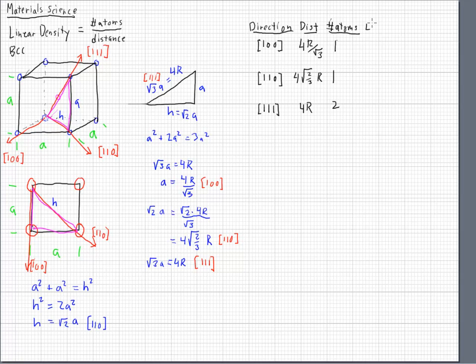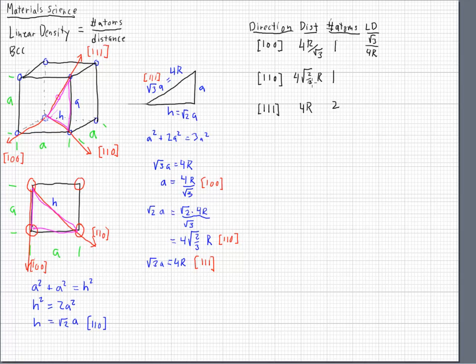And now we can have our linear density expression. For this one, we just take the number of atoms and divide by the distance. So we just take the inverse of this. So our linear density is square root of 3 over 4r. And the same thing here. Take this and divide it by this.